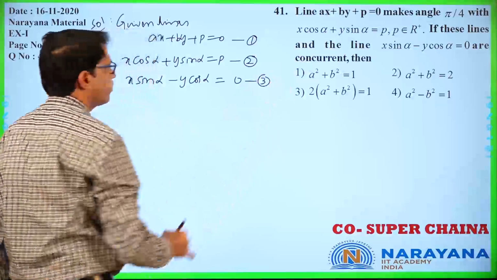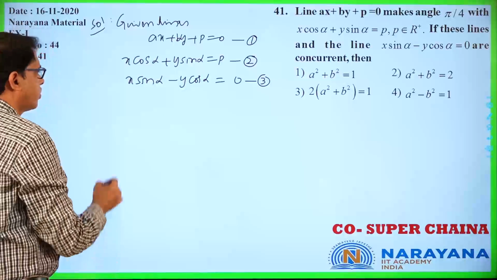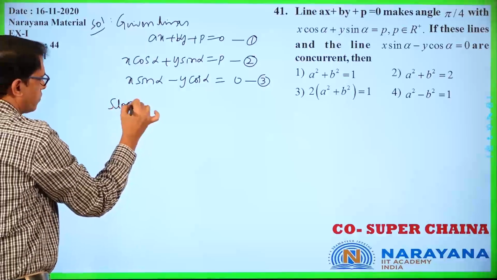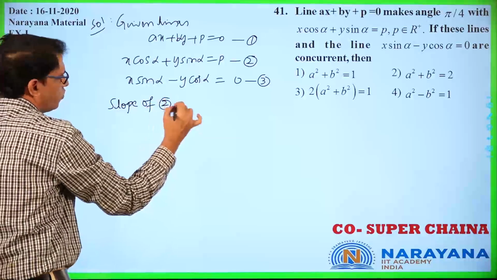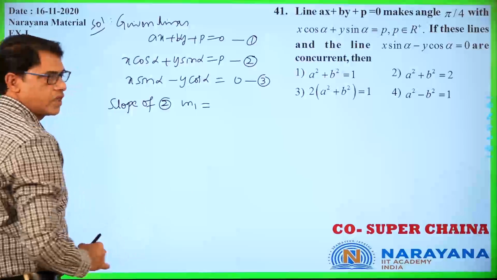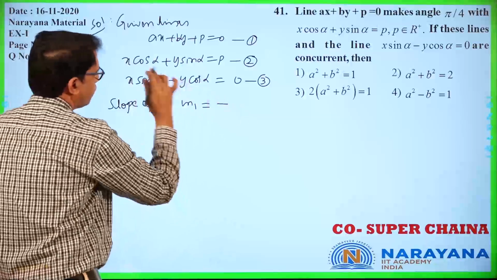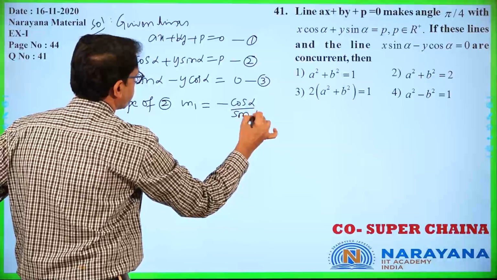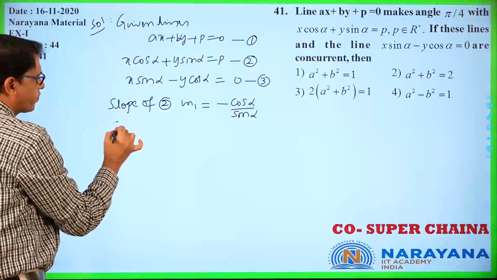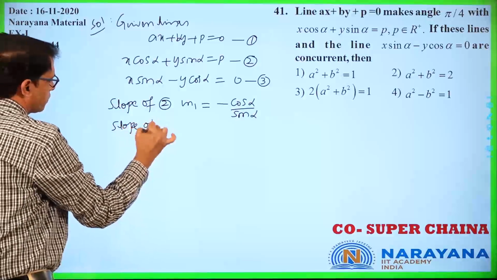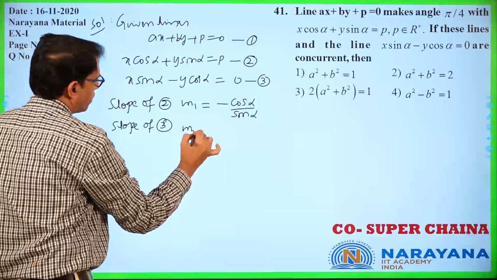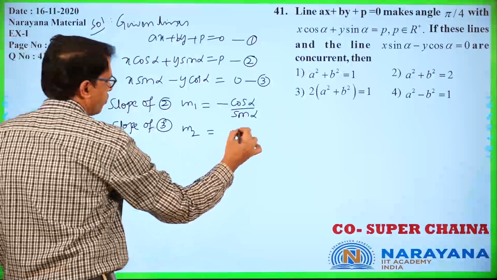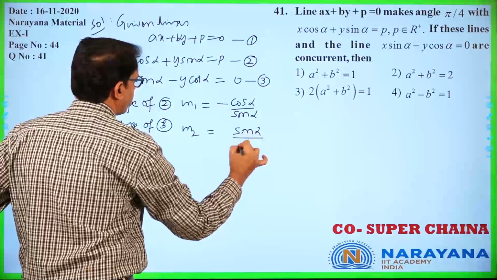Here you observe 2 and 3. Slope of 2 say m1. m1 is equal to what? Minus of a by b, so cos alpha upon sin alpha. Then slope of 3, m2, so it becomes sin alpha upon cos alpha.